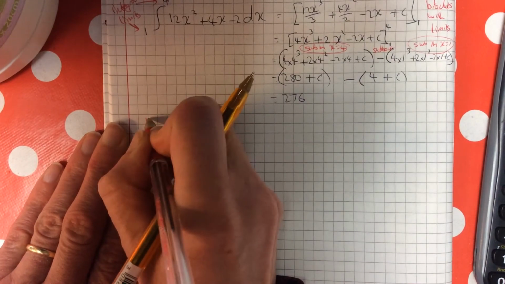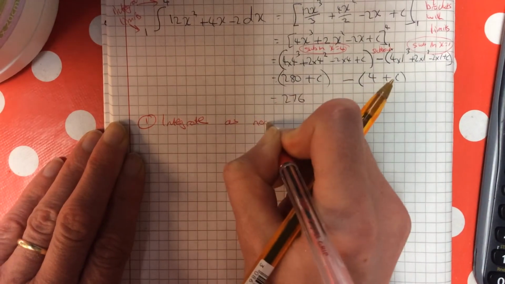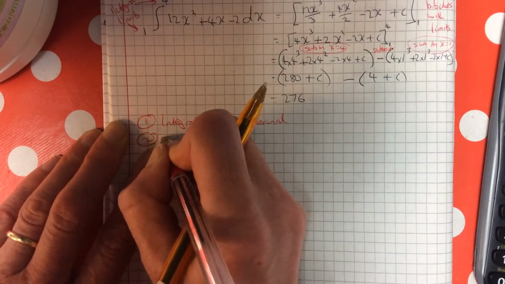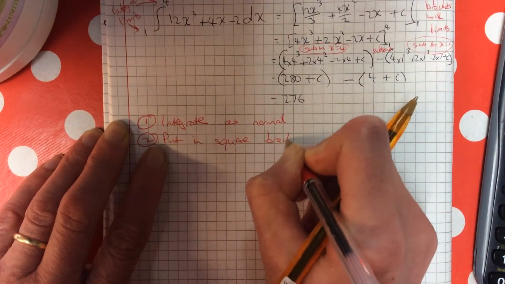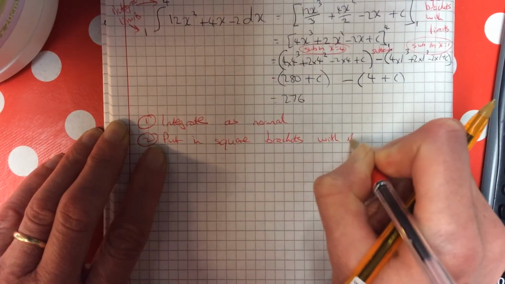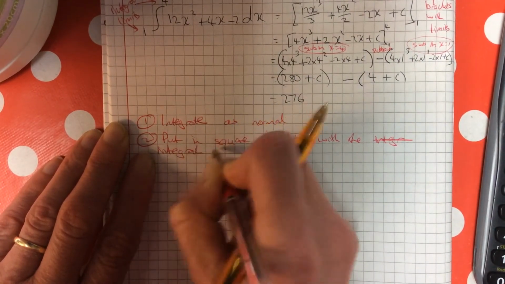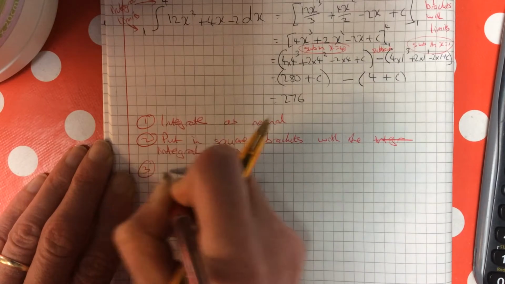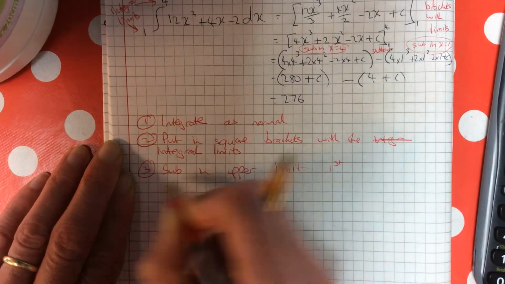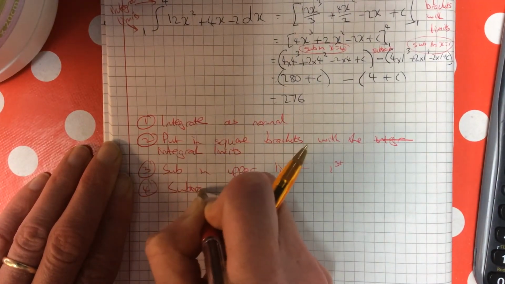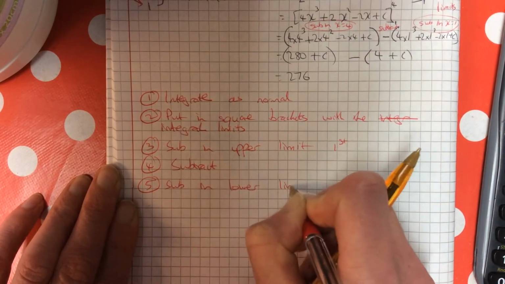So basically, the steps. You integrate as normal. The second thing you do is you put in square brackets with the integral limits, so make sure you spell that right. Then you sub in the upper limit first, then you put your subtract sign in, and then sub in the lower limit.